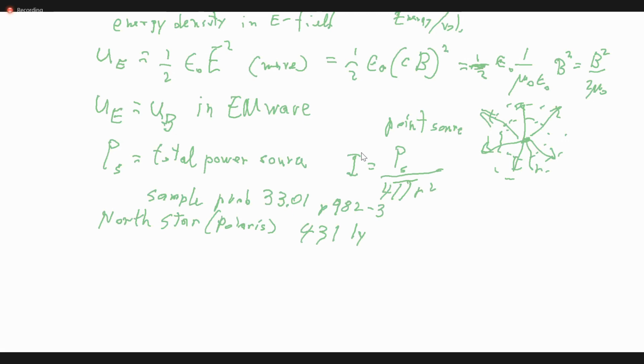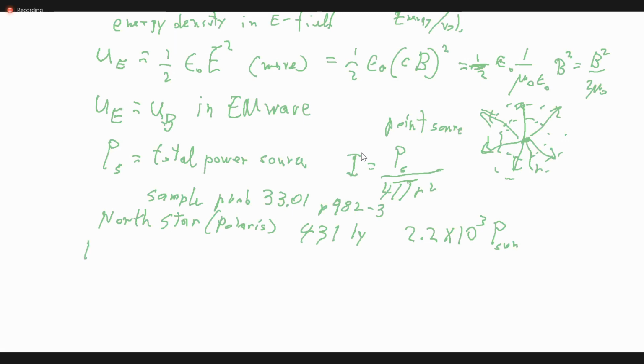We know from various other means that the total power of Polaris, a very, very bright star, is about 2.2 times 10 to the 3, about 2,000 times the power of the sun. Very big and very hot star. So it produces about 2,000 times the power of our own sun.